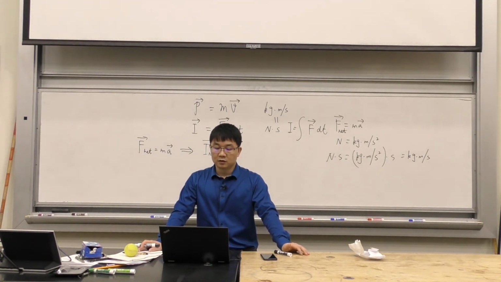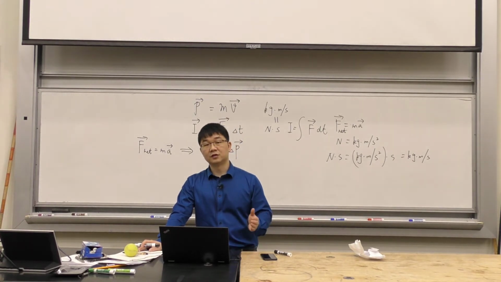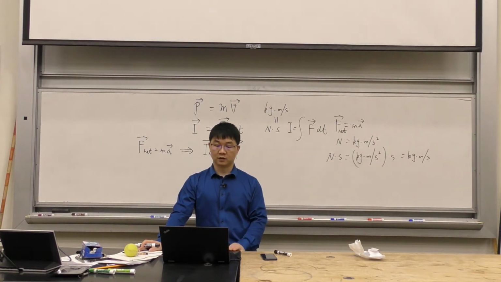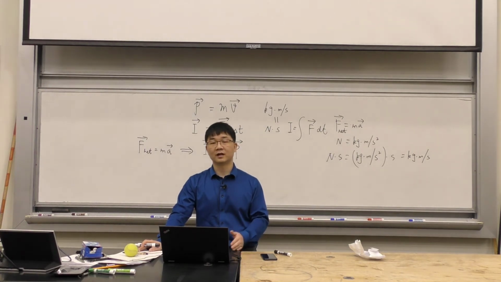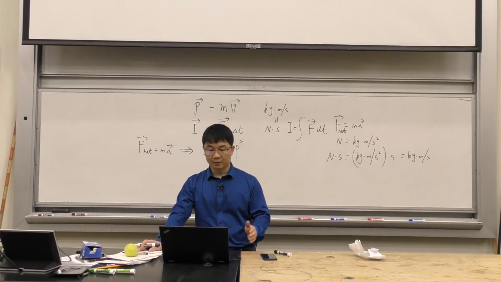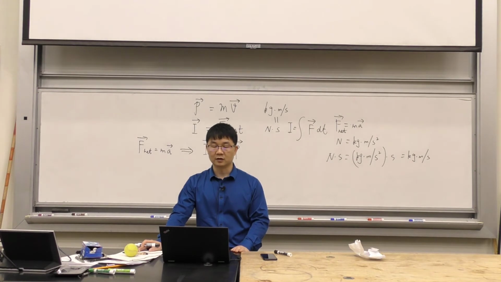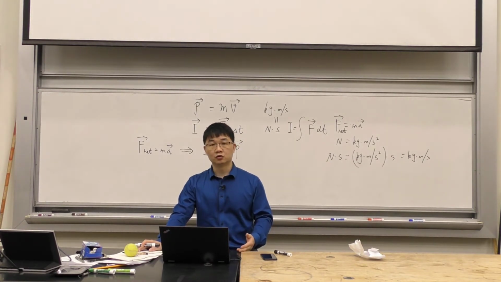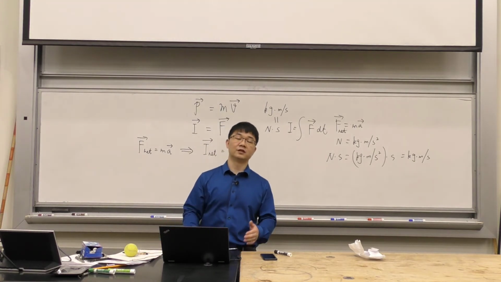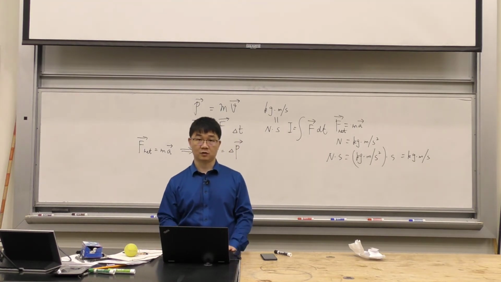So in this part, the impulse is just the equivalent of work. And the momentum, you can think of it as a vector version, okay, equivalent of energy in this part. The difference is that work and energy are scalars, right? But impulse and momentum are vectors, okay? So that's just another view to think about the motion of any object, right?